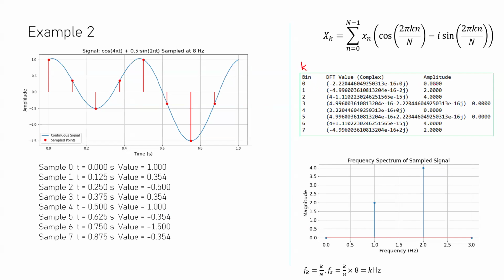And the amplitudes are given here for each complex number. So we have non-zero values at k is equal to 1 and k is equal to 2. And again, we have non-zero values at k is equal to 6 and k is equal to 7.